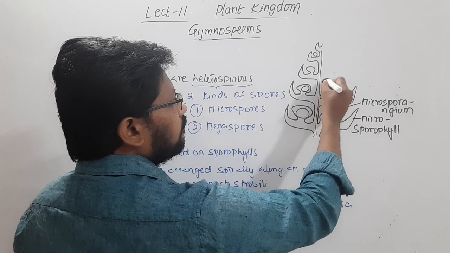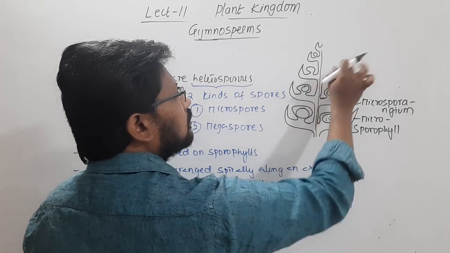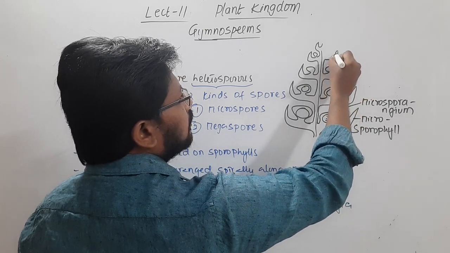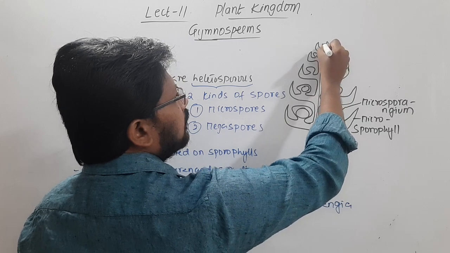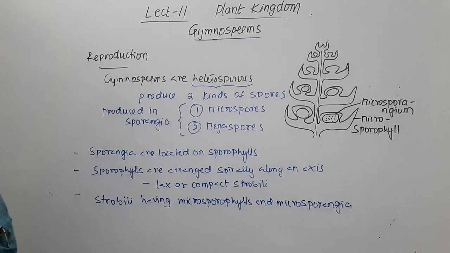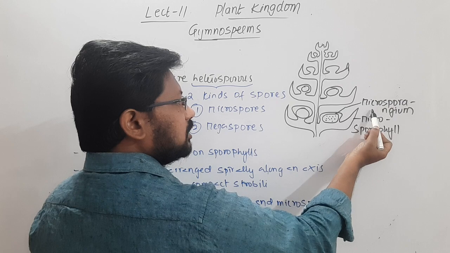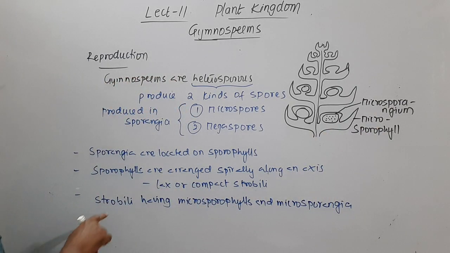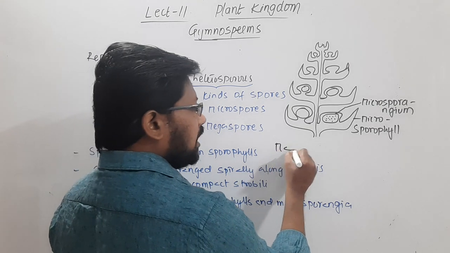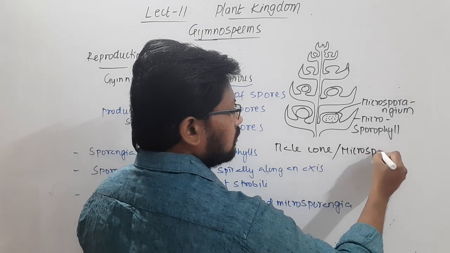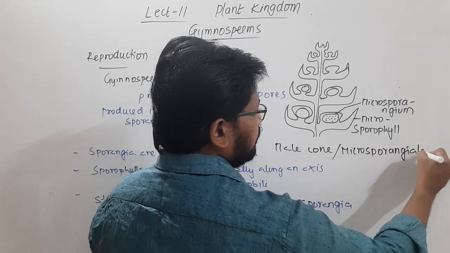Here these are microsporophylls and microsporangia, and the cone, that is the strobilus, that has microsporophylls or microsporangia is called a male cone, also called microsporangiate.